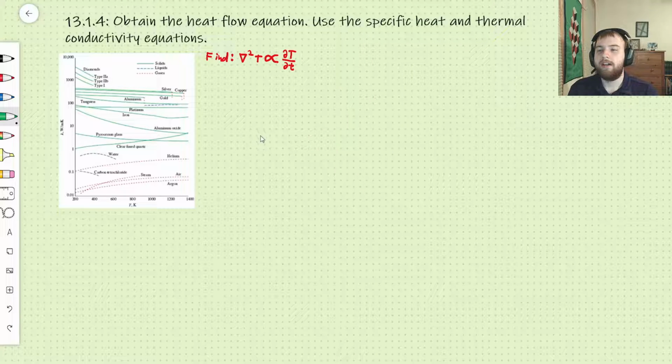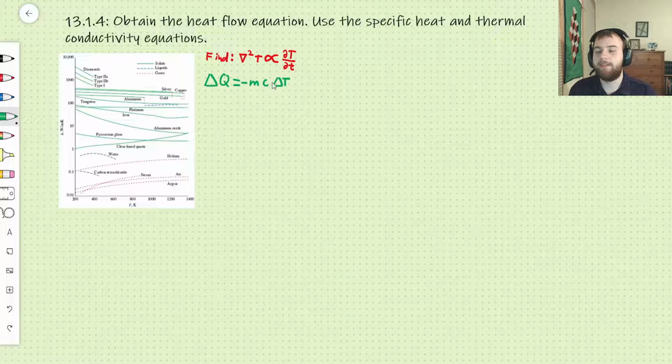Okay, so the specific heat equation might be something that you learned in a chemistry class or a thermodynamics class. It tells us that the change in energy, in this case heat, of an object, so the amount of heat going out from an object, is equal to negative the mass times the specific heat of that object times the temperature change.